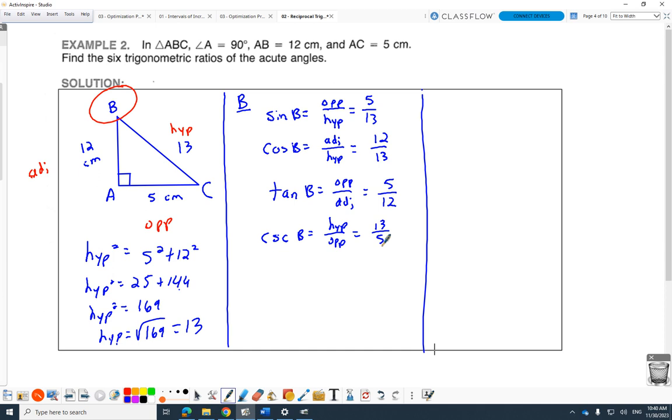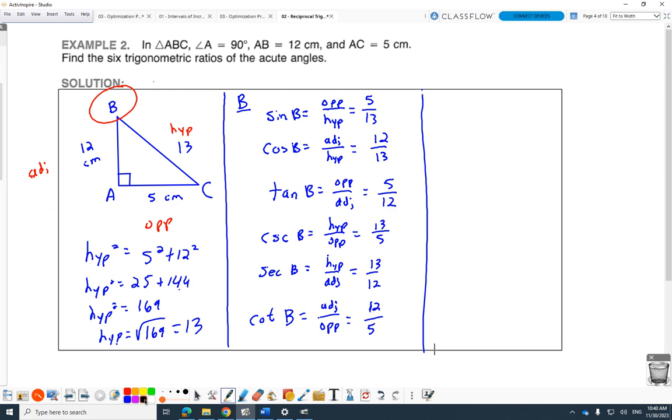And then secant of B is hypotenuse over adjacent, which is 13 over 12. And finally, cotangent of B is adjacent over opposite, which is 12 over 5. Any questions there?